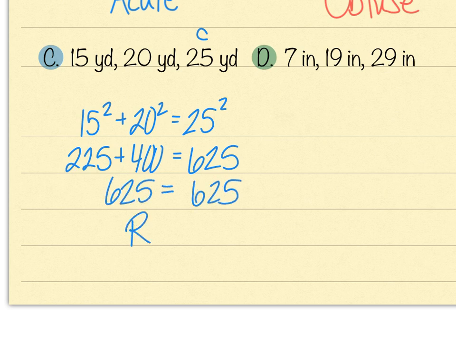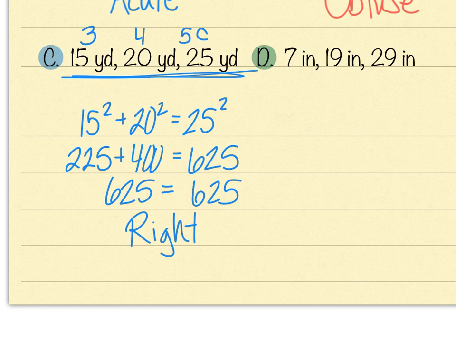So this would be a right triangle. It's not just a right triangle, it's also a Pythagorean triple, right? This is a multiple of the 3, 4, 5 Pythagorean triple that we talked about, so that is a right triangle.